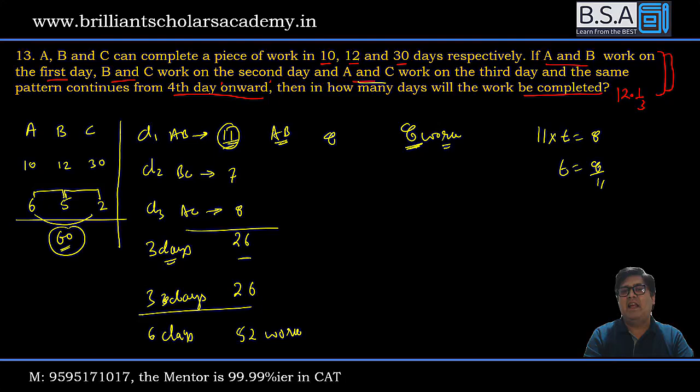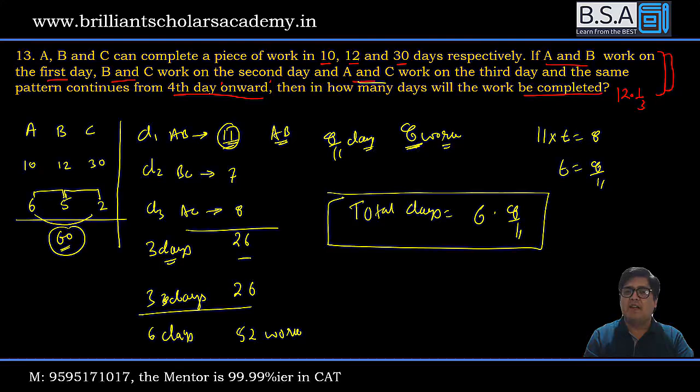They will need 8 by 11 day. They will not need a complete day. They will need a fraction of it. So how many days have been required? Total number of days is 6 and 8 by 11. And yes, such questions are very common in all exams where days are fractional in value.